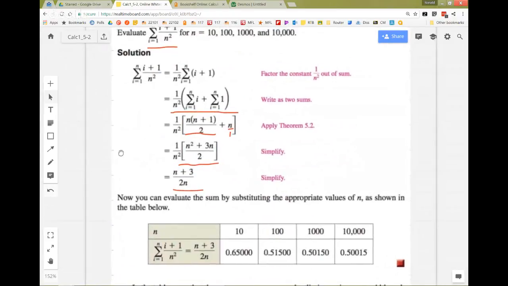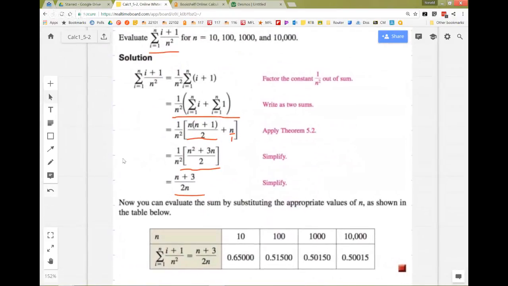now let's go ahead and do the problem for what they said, 10, 100, 1,000. Okay, so all we got to do is take n plus 3 over 2n. Well, what is that? For 10, it's 13 on the top and 20 on the bottom.